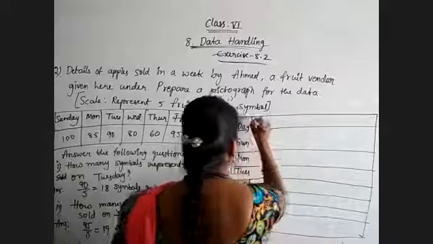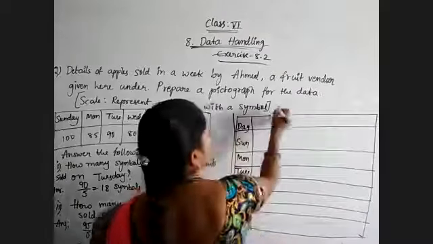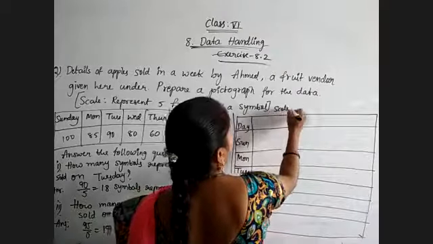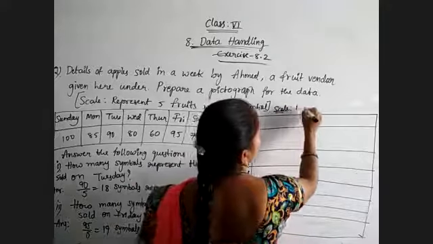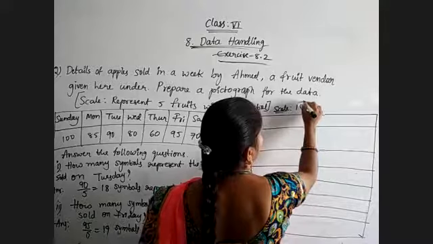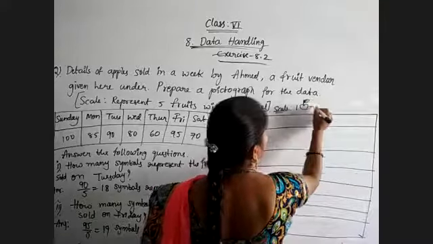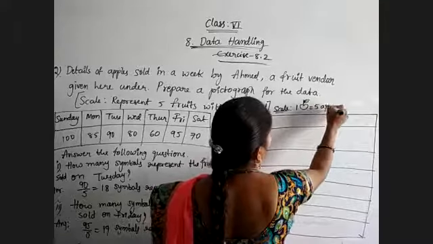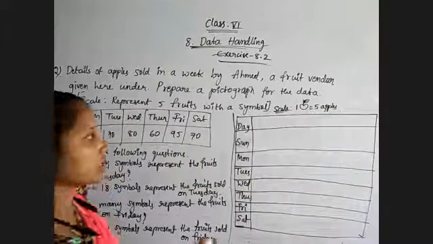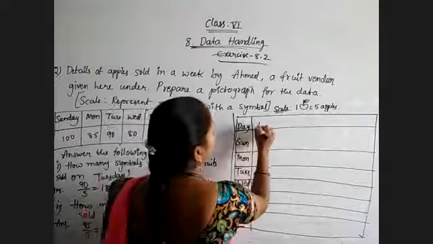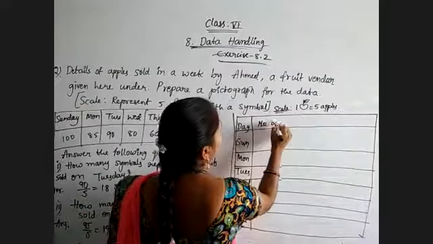And remember here they have mentioned scale also. So scale, one symbol, how you want to represent the apple, that is one apple equal to 5 apples. One symbol equal to 5 apples. That is the scale.